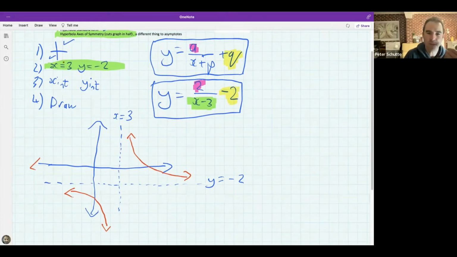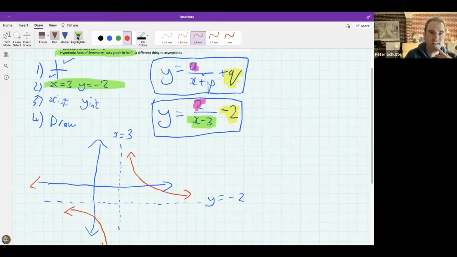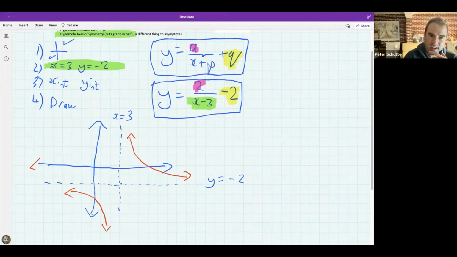What we spoke about briefly in the last lesson, but didn't talk too much about, was the idea that there's an axis of symmetry for a hyperbola. The axis of symmetry is not the same as the asymptote. It sounds like the same, but it's not. The asymptotes are these dotted lines that are perpendicular to each other, and they have this point over here in the middle that's quite important.